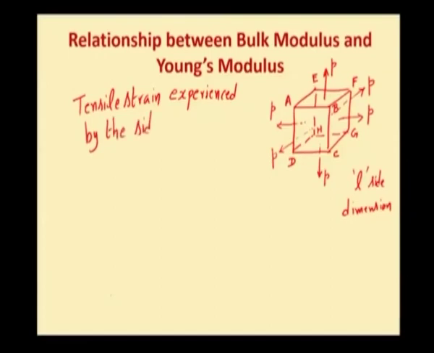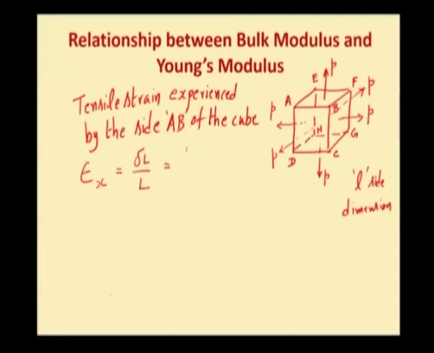Now, let us calculate the tensile strain along the side AB of this particular cube. If you see, the direction of AB is oriented towards the x axis. So, strain epsilon along x axis, which is generally considered as longitudinal strain, is the ratio of change in length by original length.